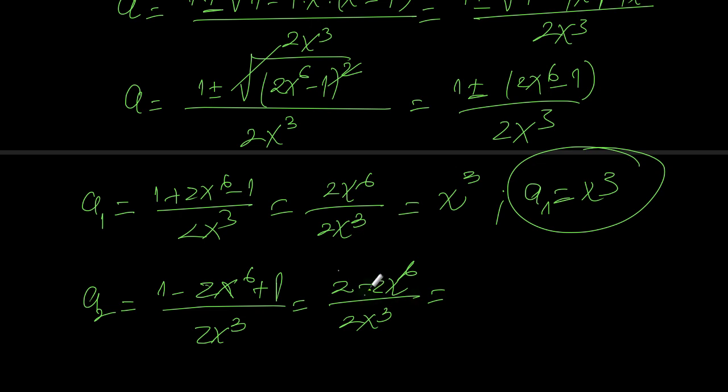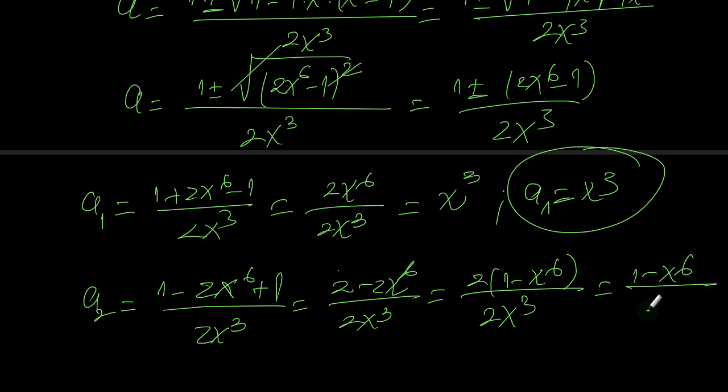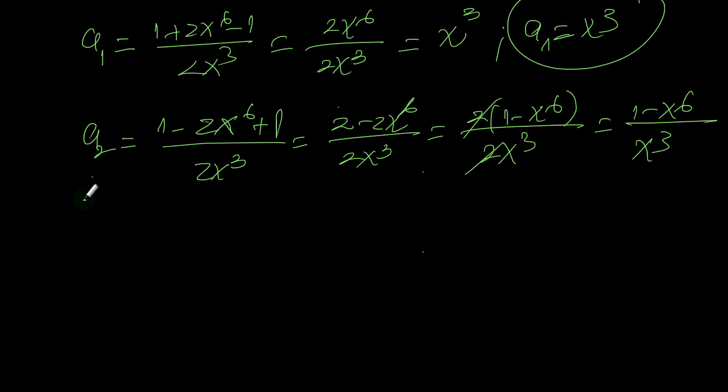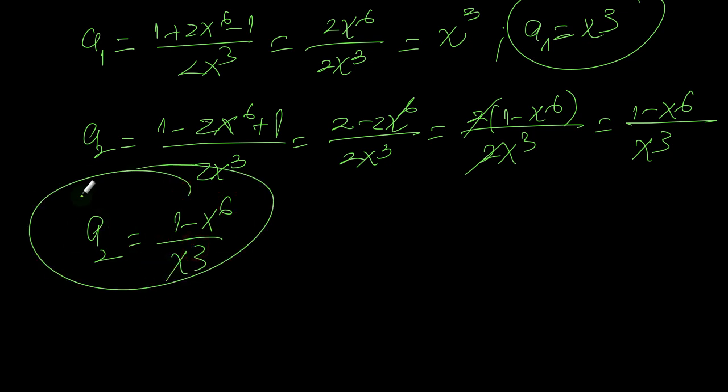Simplifying by 2, we're going to have 1 minus x to the 6, divided by x to the 3, because we simplify this 2. So our a2 is equal to 1 minus x to the 6, divided by x to the 3. So this is our a2.